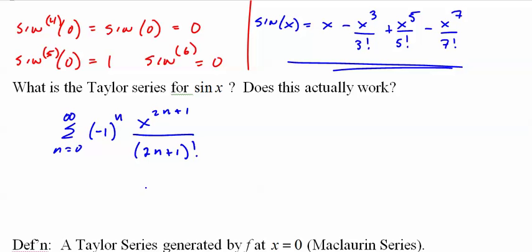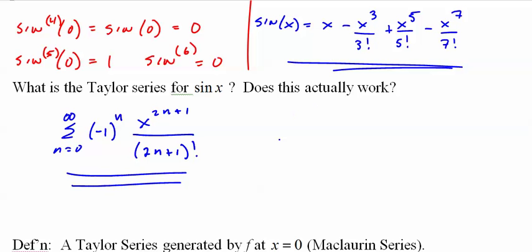And we check it, of course. The 0th term is x to the first over 1 times negative 1 to the 0, which vanishes: x, done. Put in 1, we get a negative, check. On the bottom we get 2 plus 1 is 3 factorial, check. On the top we get an x to the third, check.